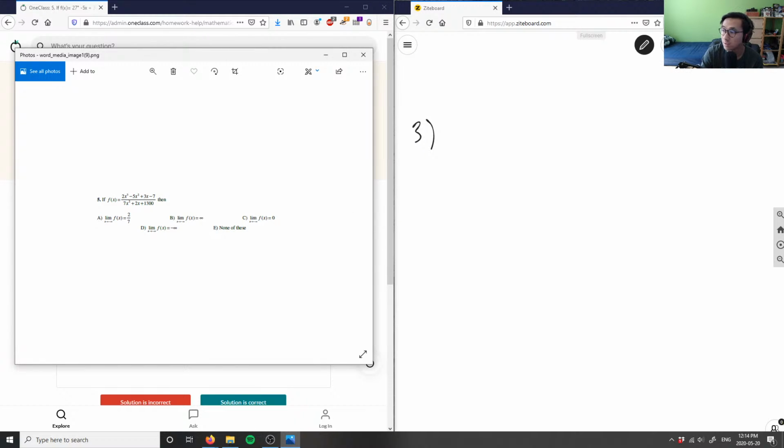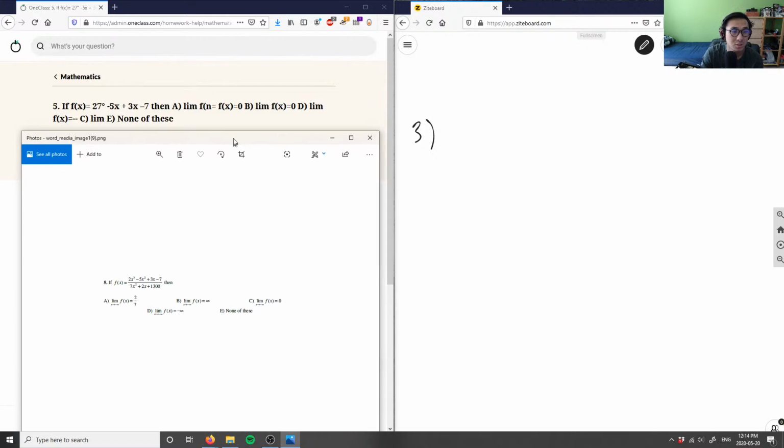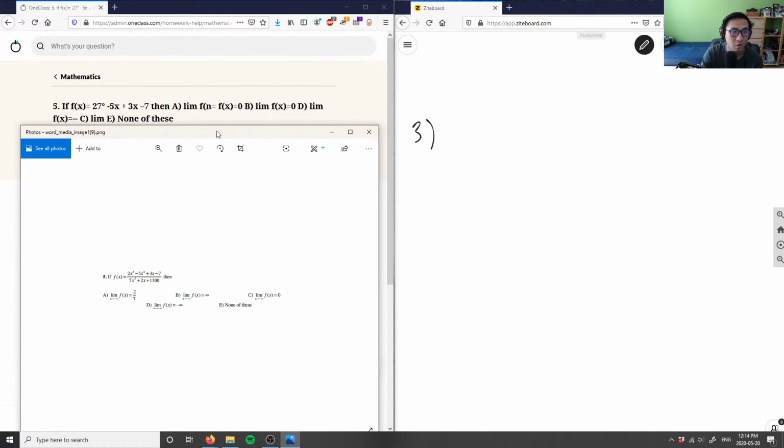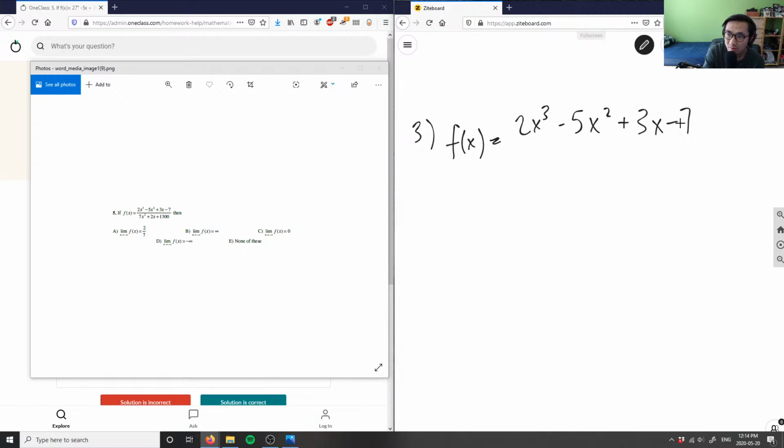There we go. Oh, okay, so that's a much bigger question than needed here. Oh, it's 2/7. Okay, so that formatting is off here. So it's asking us if f of x equals 2x cubed minus 5x squared plus 3x minus 7, all over 7x squared plus 2x plus 1300, and then we have options, right?